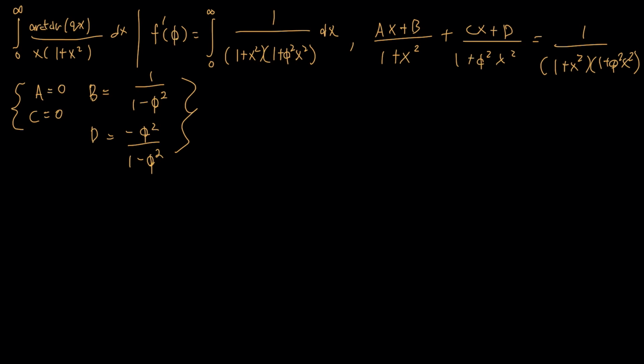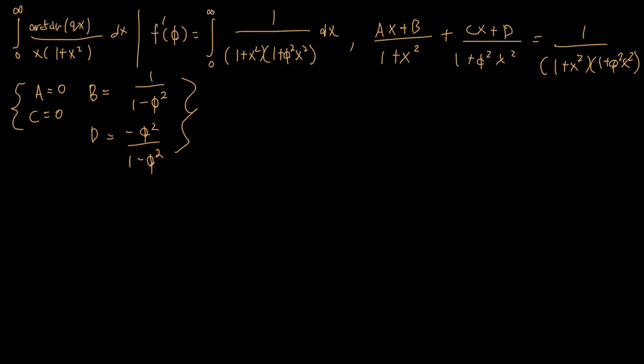So now picking up where we left off, we found that a is equal to 0, c is equal to 0, b is 1 over 1 minus phi squared, and d is negative phi squared divided by 1 minus phi squared.